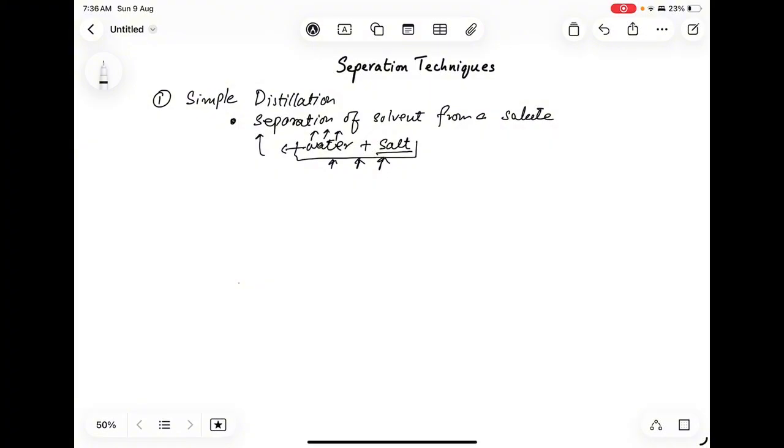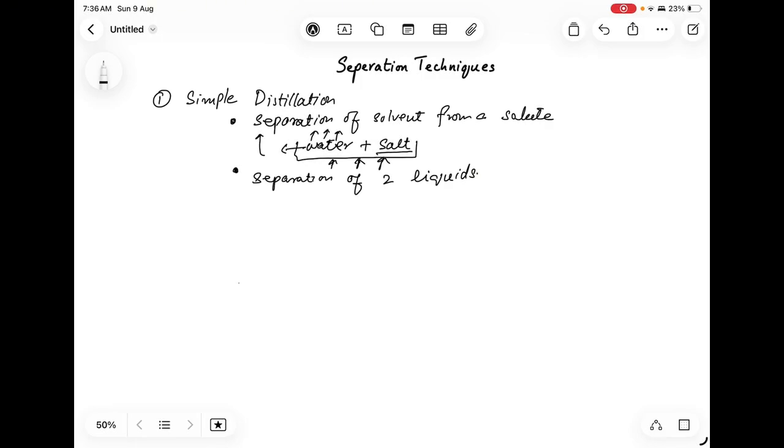Okay, so another important use of simple distillation is in the separation of two liquids.